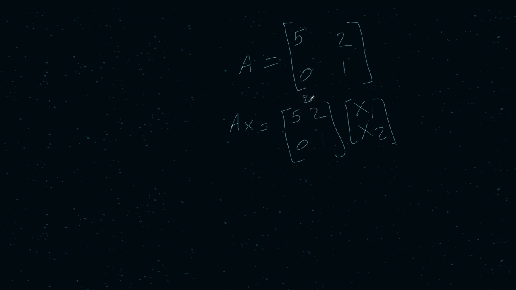Here we have 2 rows and 2 columns, and here we have 2 rows and 1 column. The number of columns in the first matrix should be the same as the number of rows in the second one. So it is a legal multiplication, and the result will be 5x1 plus 2x2. This is the first element, and the second element is 0x1, which is 0, plus x2, so it will be x2.